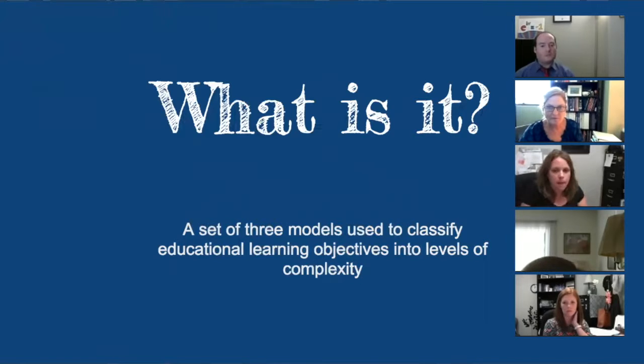I'll give you an image for your brain here. Bloom's taxonomy looks like an upside down pyramid that has had the tip cut off of it. So it starts at the bottom with the most basic skills, and as you work up the pyramid, you get more and more complex, and you get to stretch your higher thinking skills at that point.